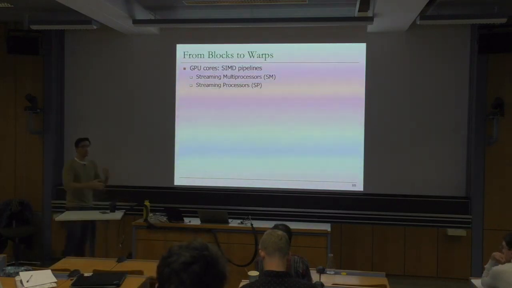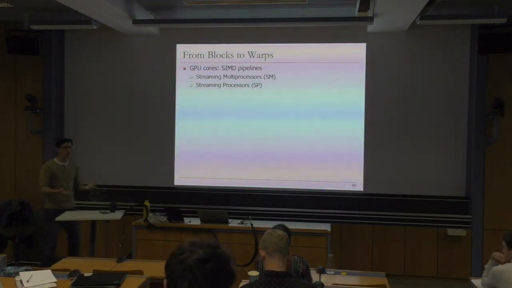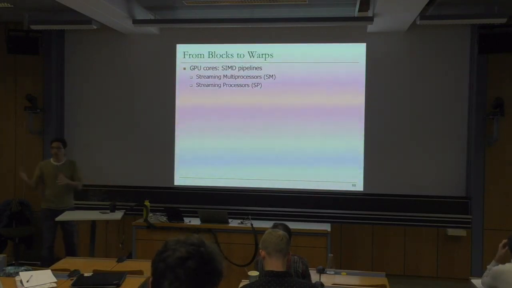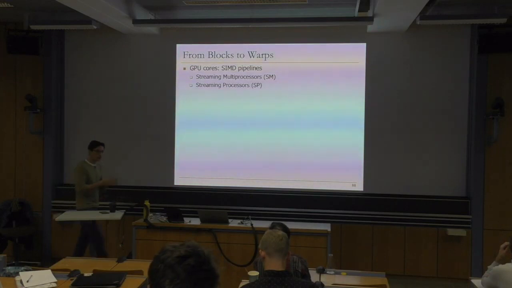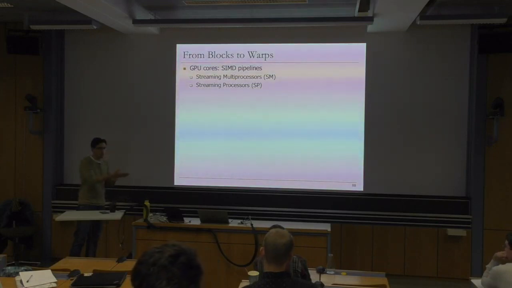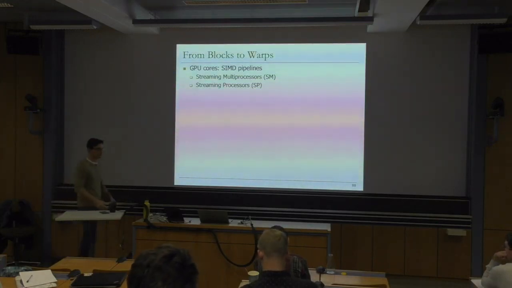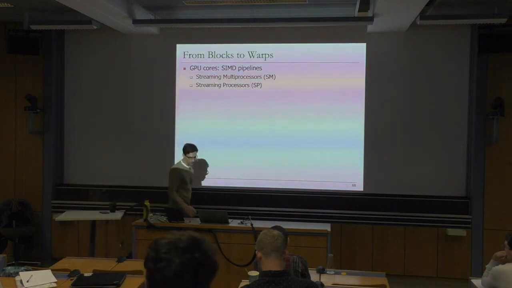But after that I started talking about the software, and I said we are going to write software for threads, and the programmer arranges these threads into blocks. And now the thing is, if I'm writing code for threads and blocks, how do these map to the warps, right? Well, actually it's quite simple.